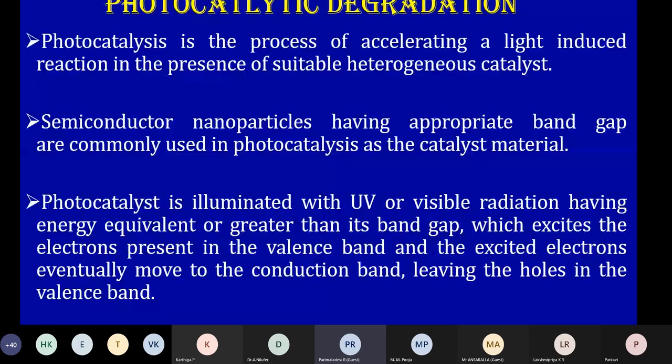Next is photocatalytic degradation. We are in Salem and Erode, and normally in Erode and Salem we have many dye manufacturing companies and textile industries. These dye manufacturing and textile industries are chief contributors to the problem of water pollution.